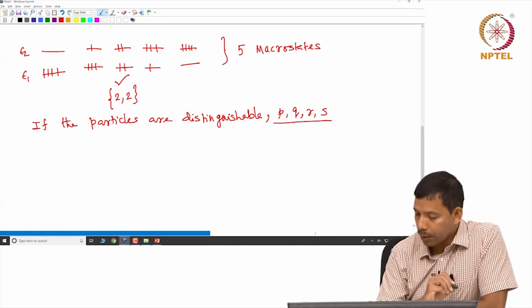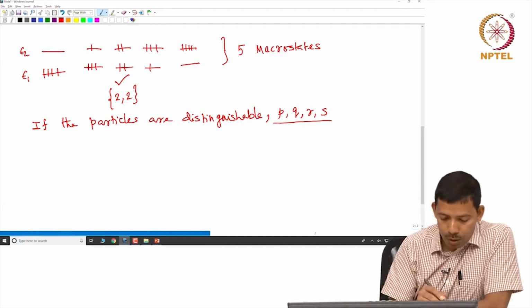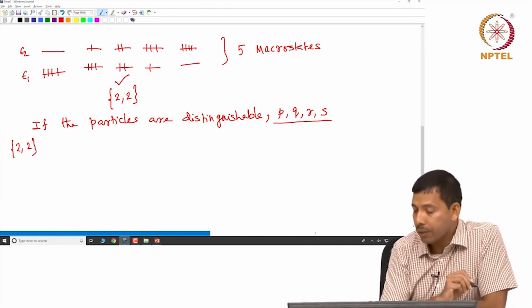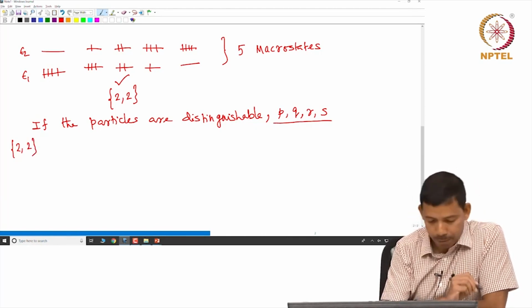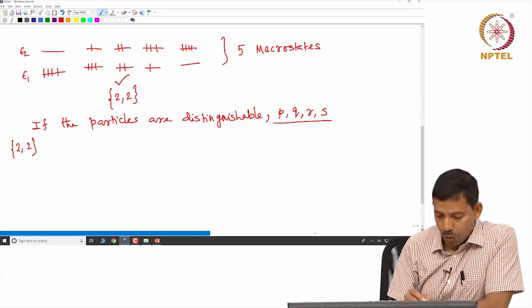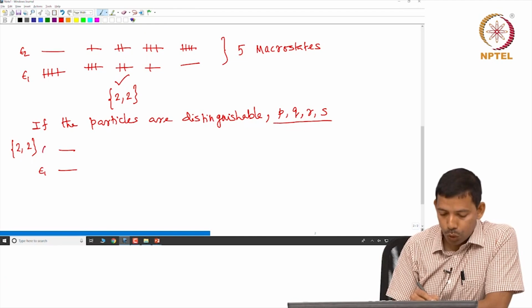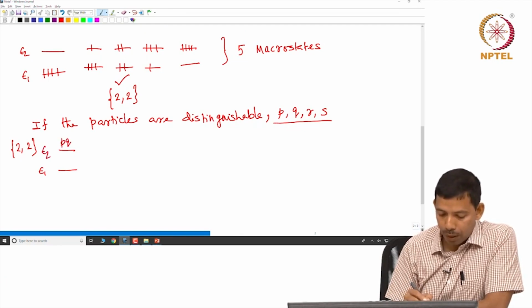If these 4 particles are distinguishable, for this 2,2 macrostate, how many different distributions can we have? So let's look at it. We have epsilon 1, epsilon 2, and we have 2 up there, PQ up there, and RS down here.